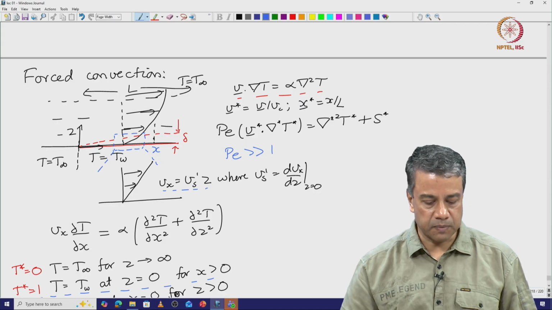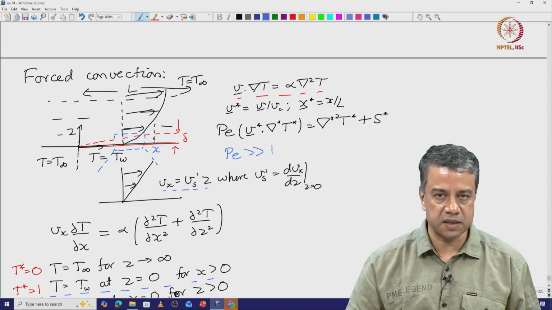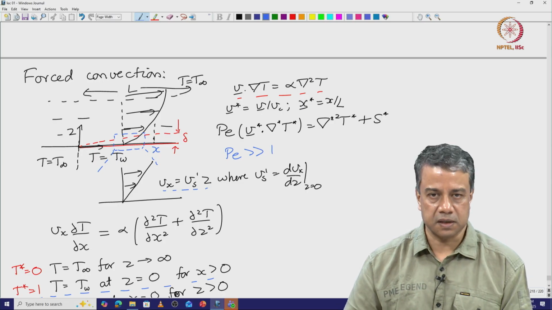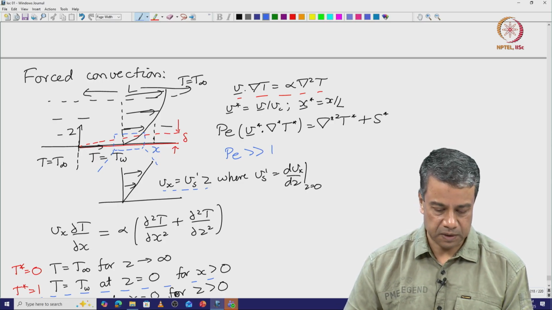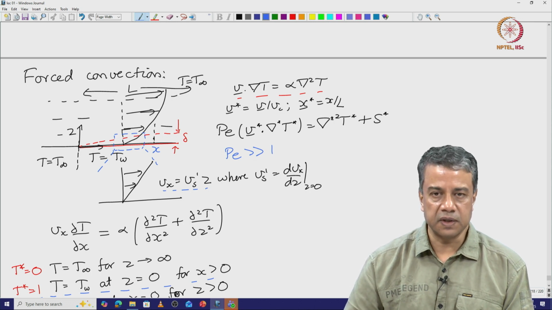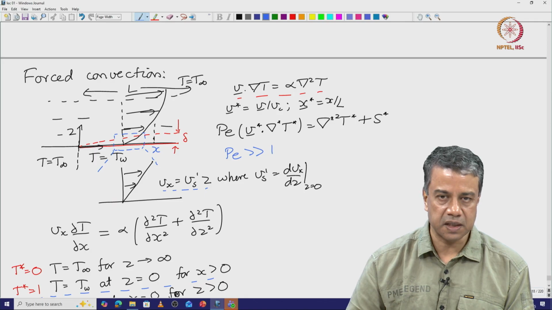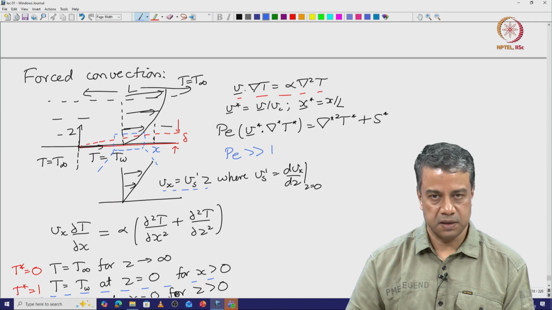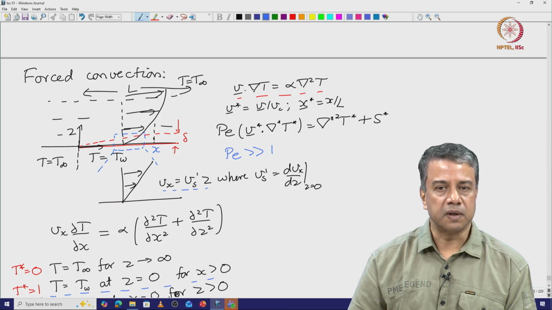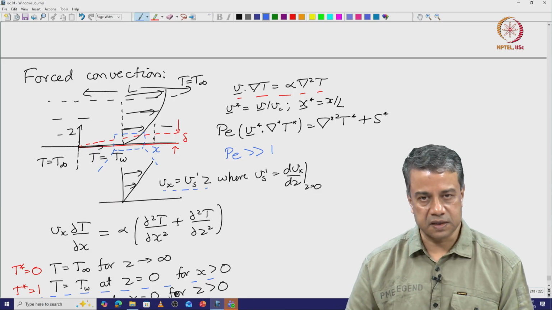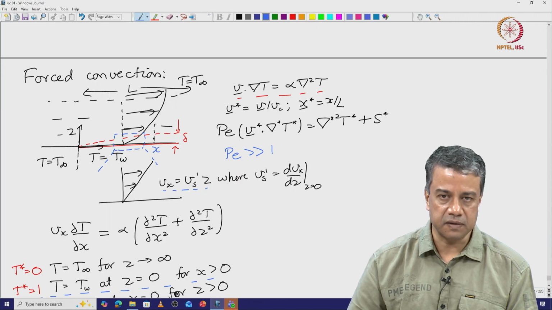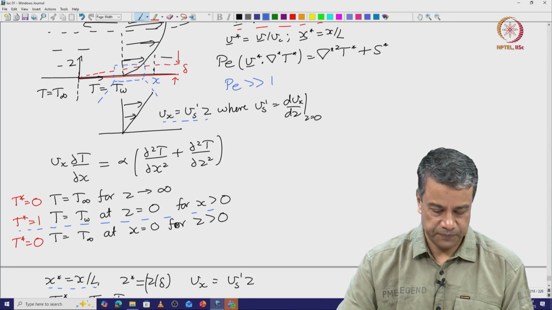So, the boundary layer thickness at a given location x has to depend only upon x, the distance from the start of the heating section. It cannot depend upon the total length of the heating section.